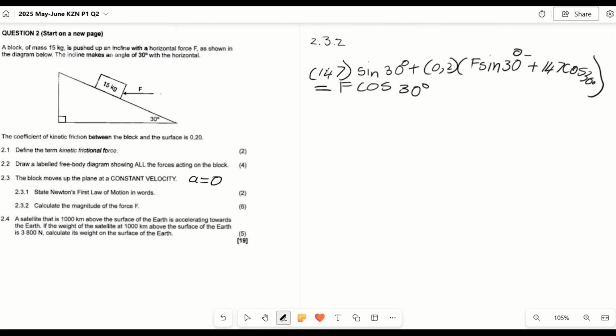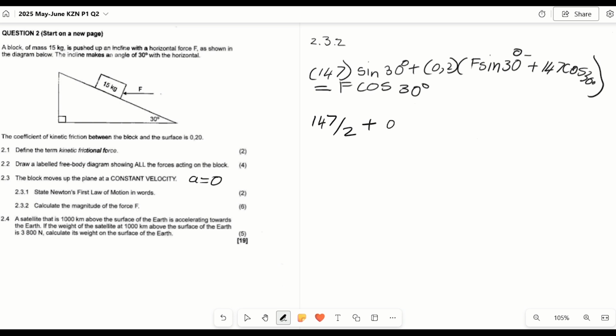Alright, so let's see, we can multiply these two into the calculator and say 147 sine 30, and then yeah, let's start off there. So 147 multiplied by sine 30 gives me 147 divided by 2. So can multiply these out.